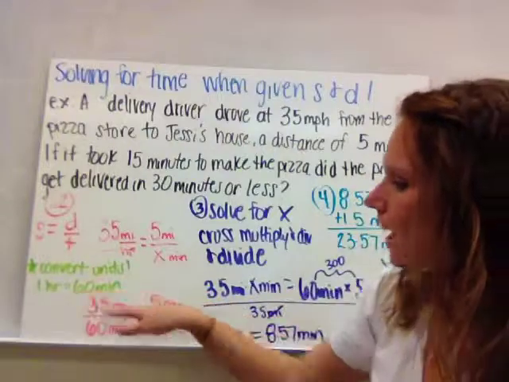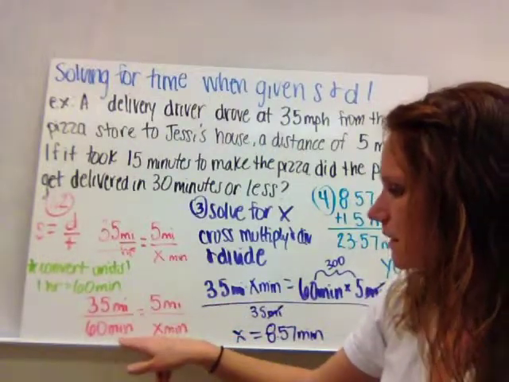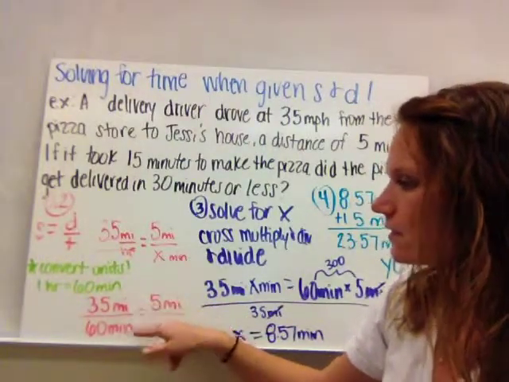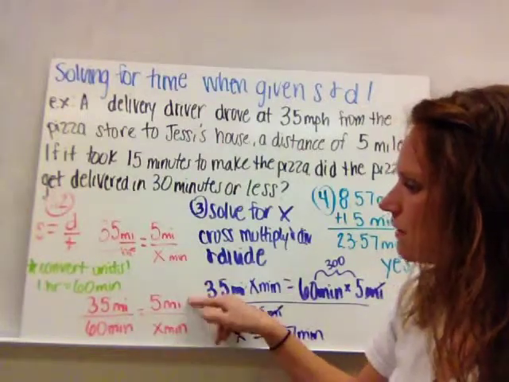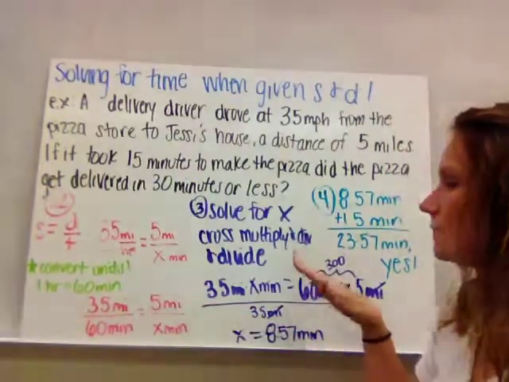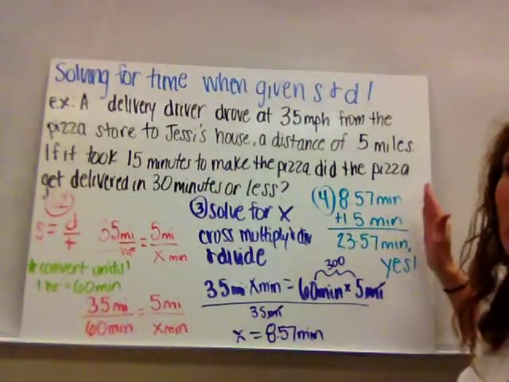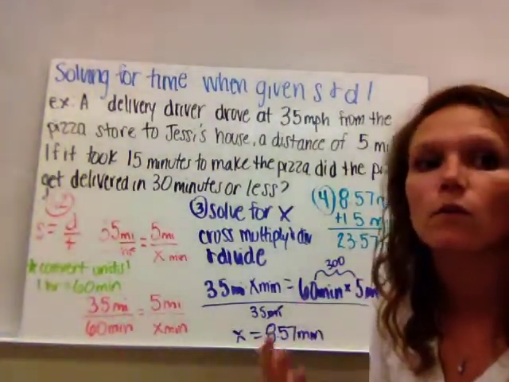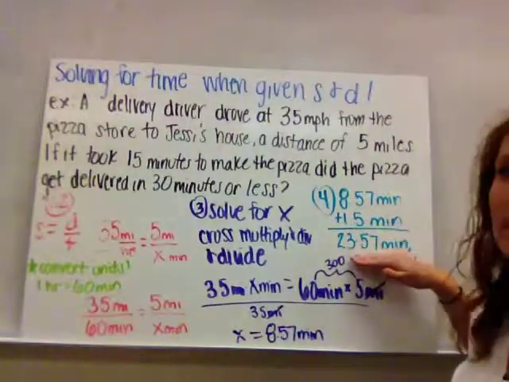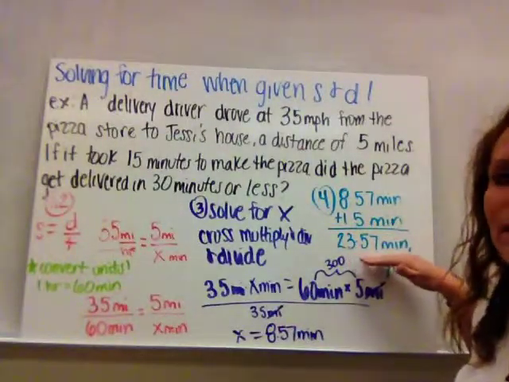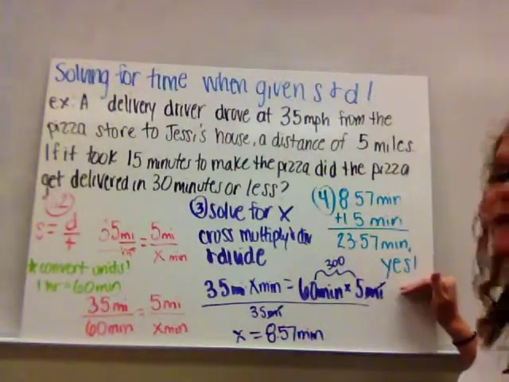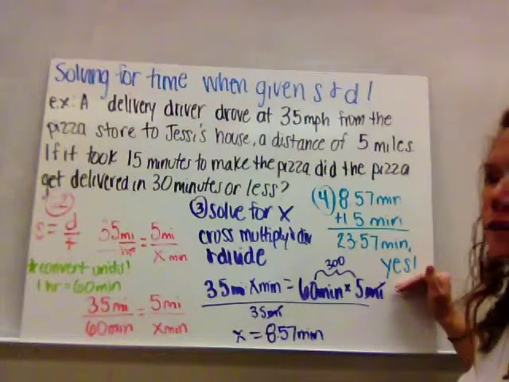So we've converted 1 hour equals 60 minutes, so you put 60 minutes there. 35 miles in 60 minutes equals 5 miles in X minutes. And this time you'll solve for X by cross multiplying and dividing. And step 4, as always, write out your answer with units. So in this case, it took 23.57 minutes. Yes, it was delivered in 30 minutes or less.